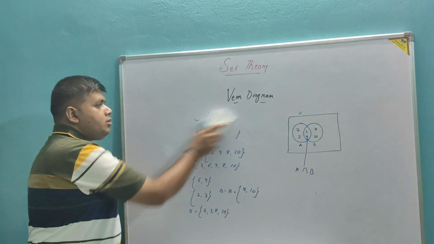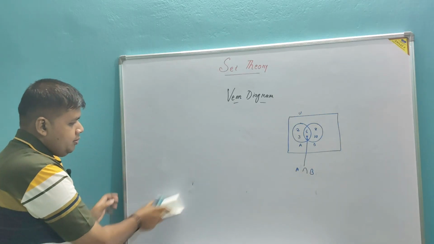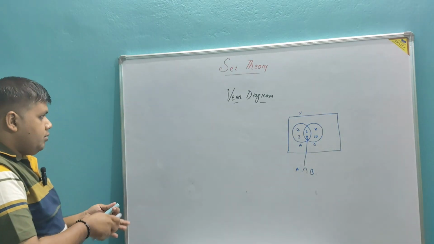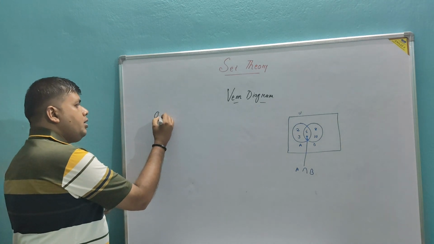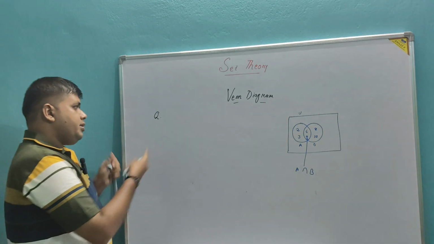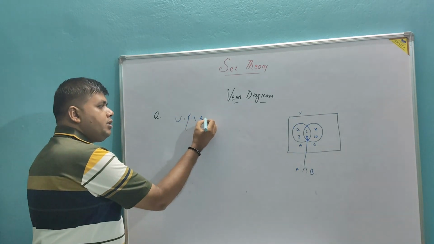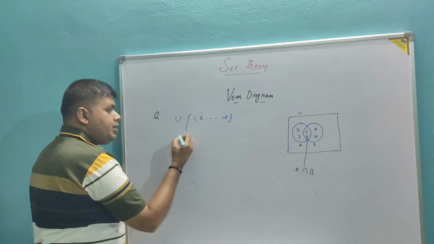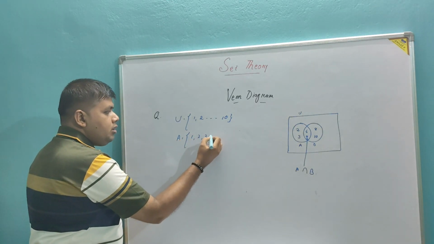Based on this, let's put a query. Let there be three sets. One is the set U, which is the universal set, 1 till 10. There are three sets, A equal to 1, 2, 3.